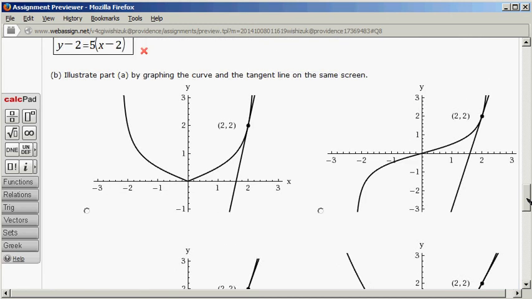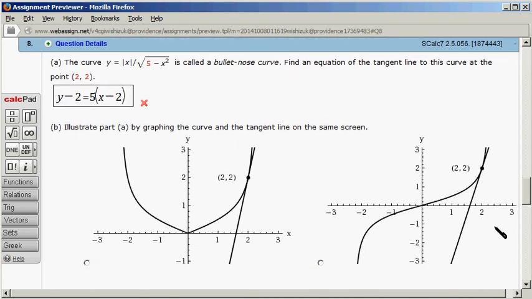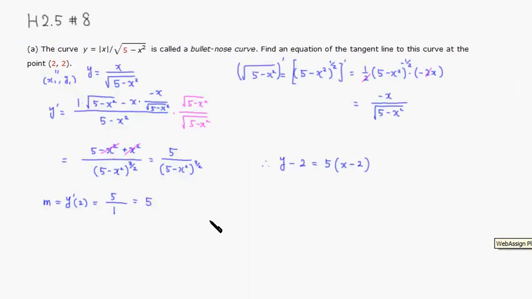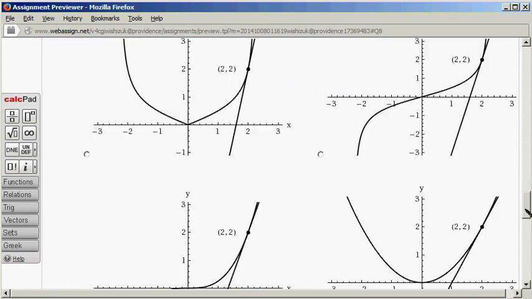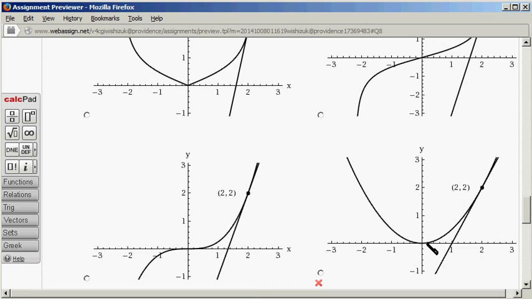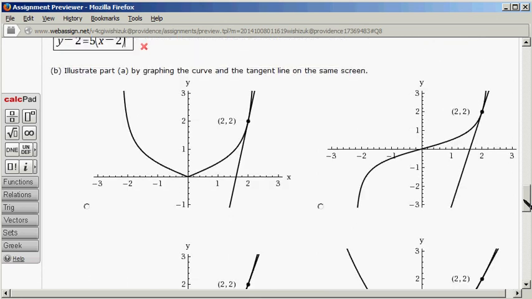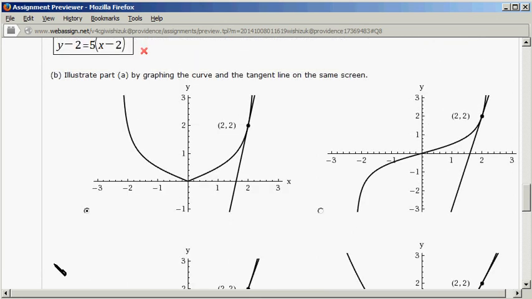Then if you look at the derivative, when x equals 0, for example, the derivative is positive, so it's going to have a positive slope. Here we have a positive slope on this side, but here the slope is 0. So I think this is going to be the correct picture.